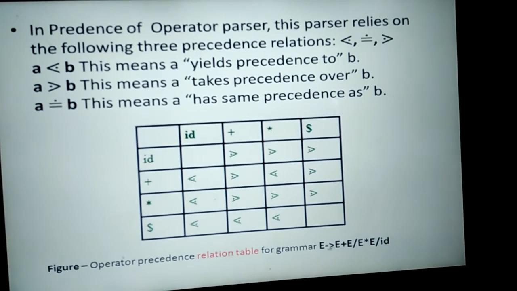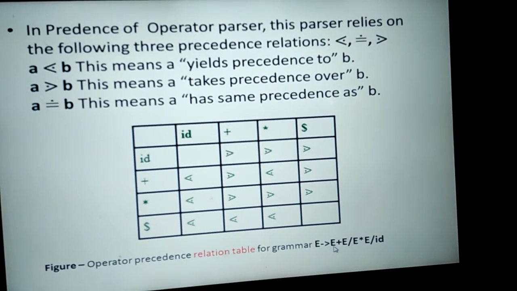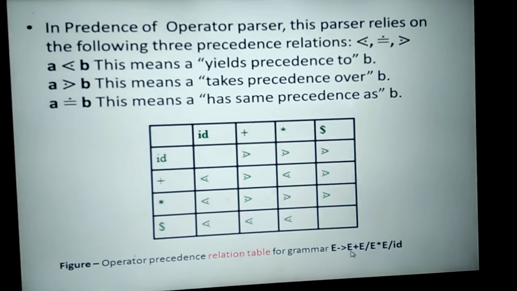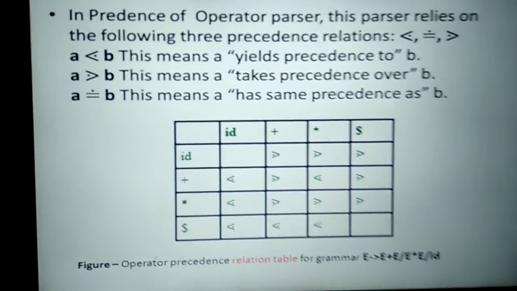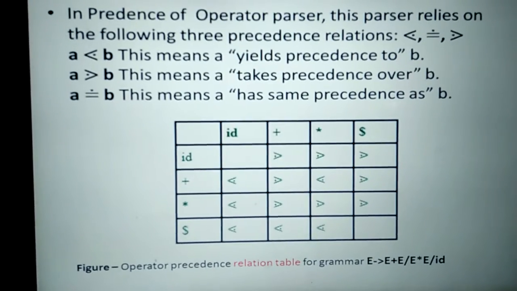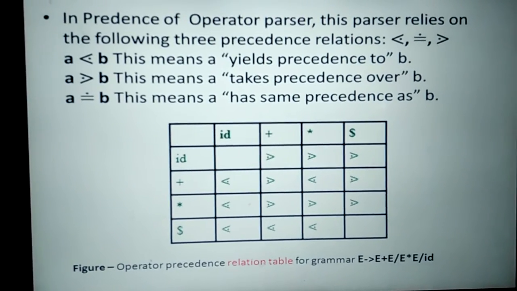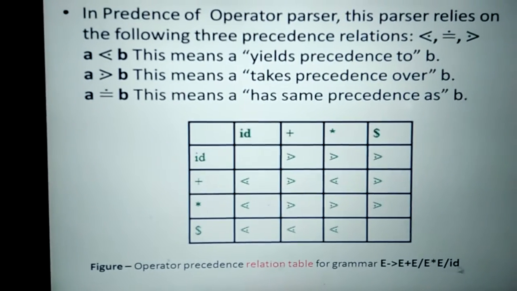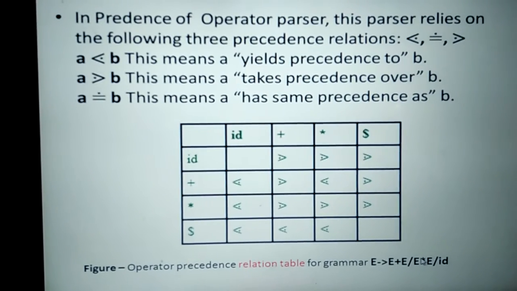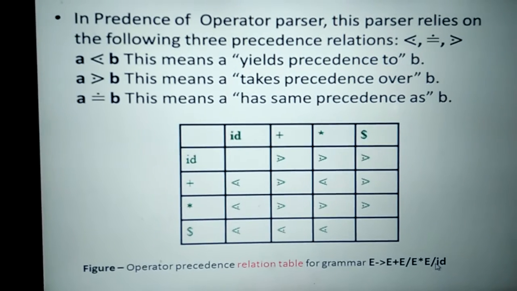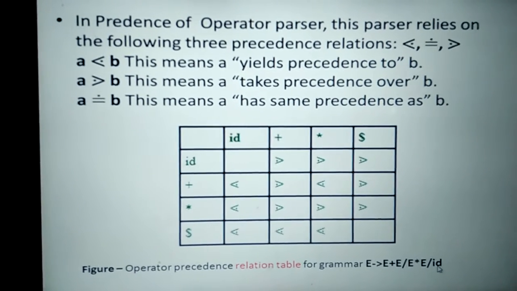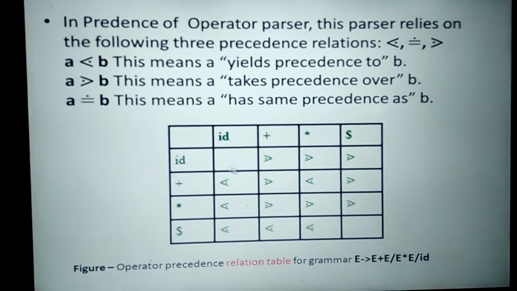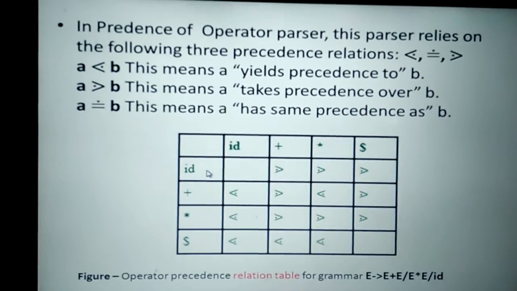E yields, or E gives, the expression or the production of addition, and the second production giving the multiplication, and the third production giving directly the identifier. So how do we solve this, how exactly is the operator precedence determined?